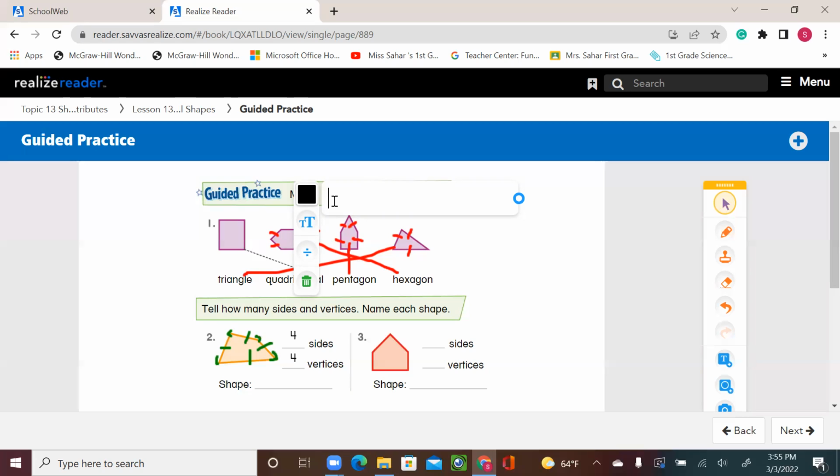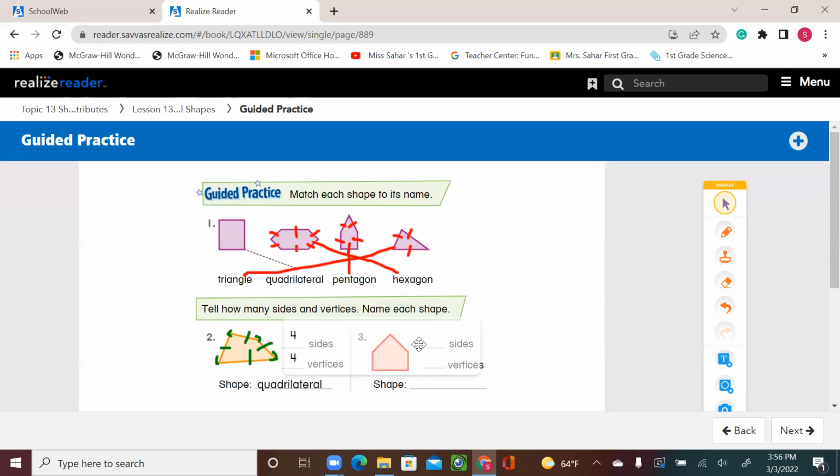So let's write it down. Quadrilateral. All right, let's go for the next one.